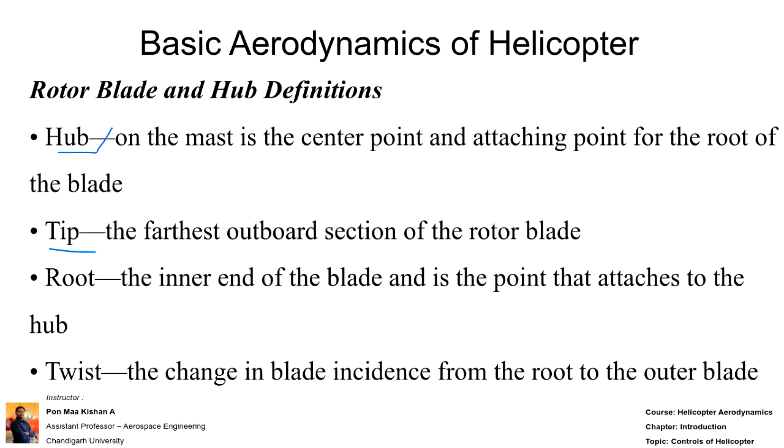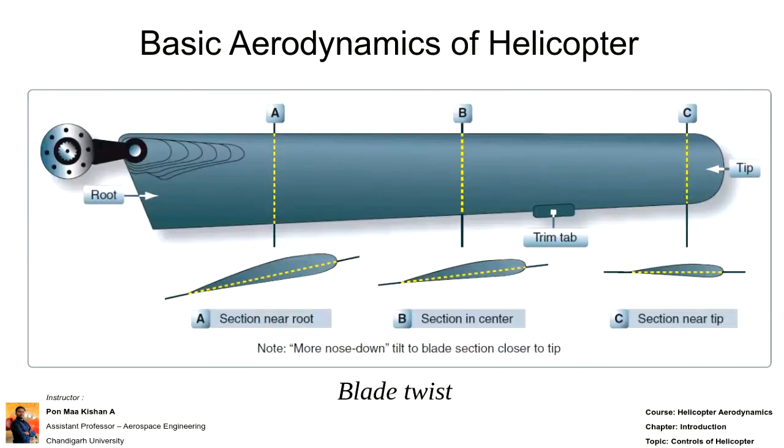You know about the tip and the root also. The root is always connected with the hub of the helicopter rotor system. And twist is nothing but the change in blade incidence from root to outer blade. The outer blade is the tip, so from root to tip, how the twist changes.